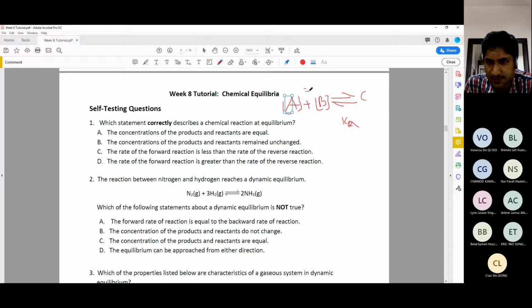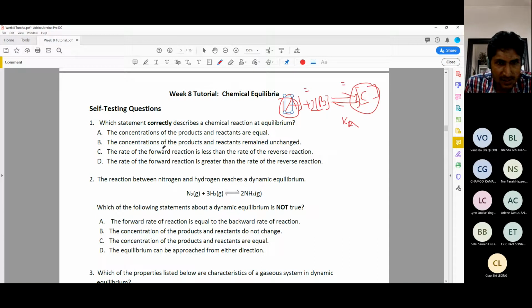No, it is not. It depends on the initial concentration we started with, and of course on the stoichiometric ratio, the number of moles reacting with each other. It can be 2, it can be 3, so C may be 3 times A. So it does not matter; the concentrations of A, B, and C are not equal to each other.